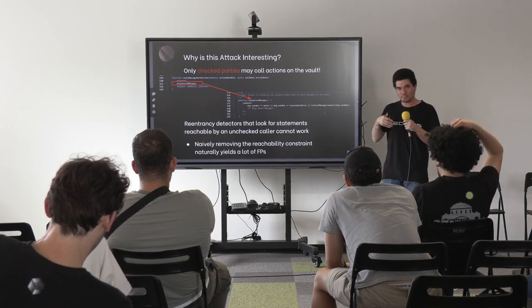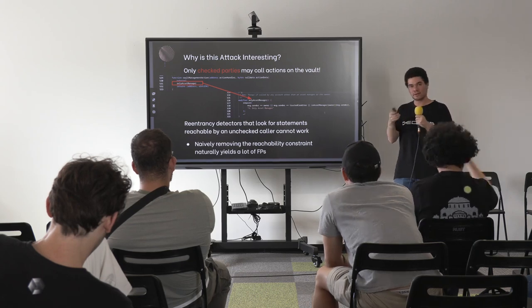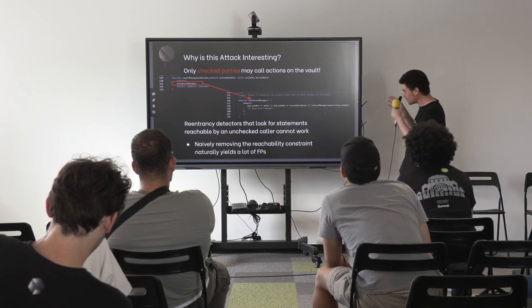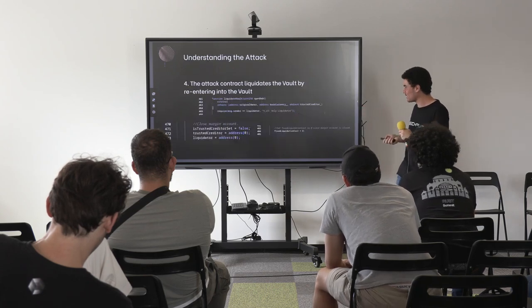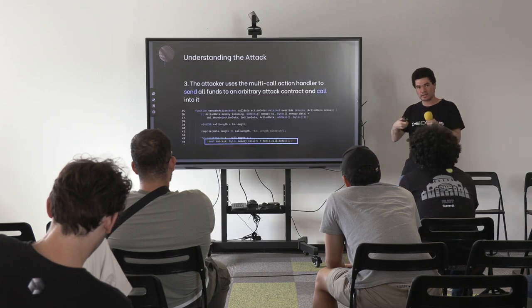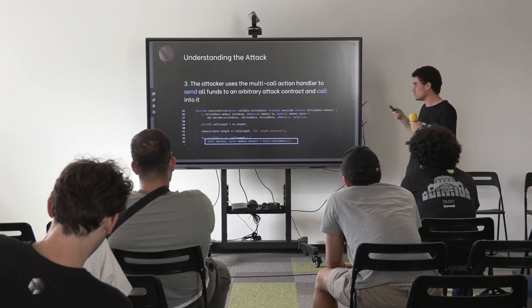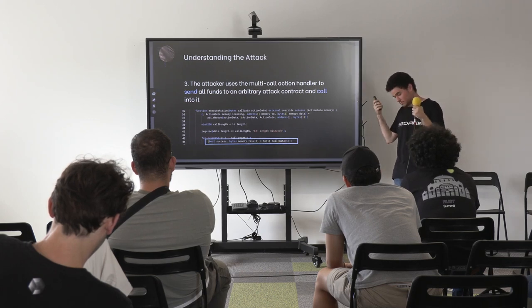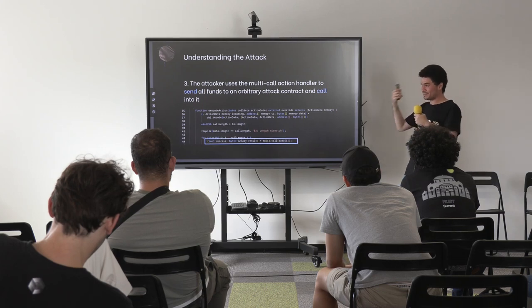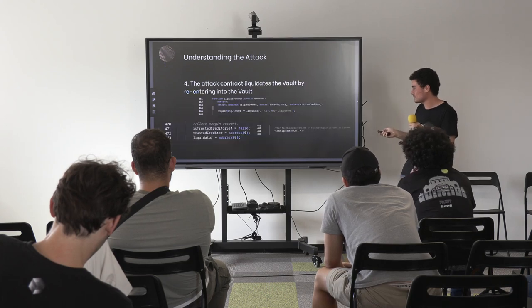So many static analyses try to argue about whether the caller is checked. At this time, the caller is checked, but we still have in our hands an exploit. So how could our detectors be adapted into detecting attacks like those, where the caller is checked, but for some reason, he still performs malicious actions?